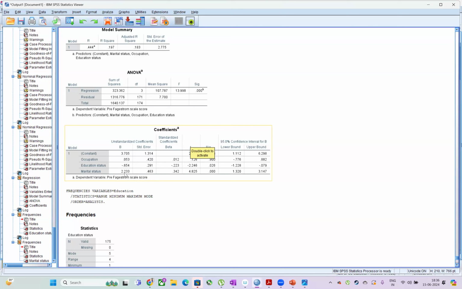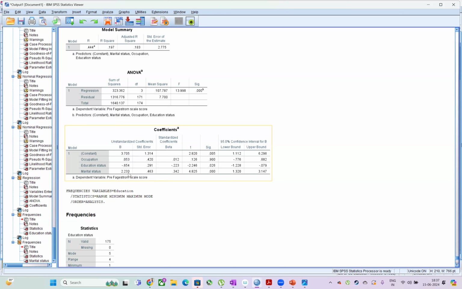You have only 2 units over here, right? From unmarried to married, if you shift, there is going to be a 2.2 unit increase in the score, which says that unmarried has a 2.23 increased score when compared with married.